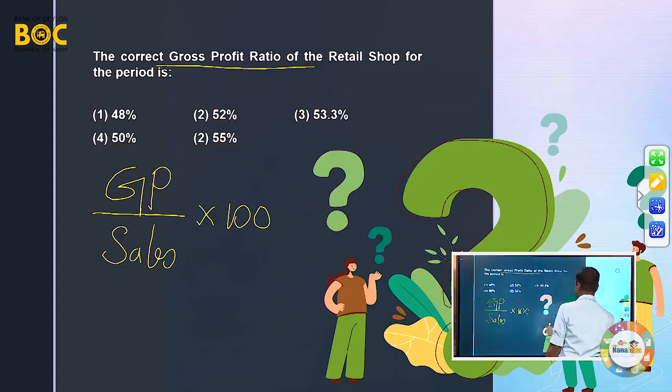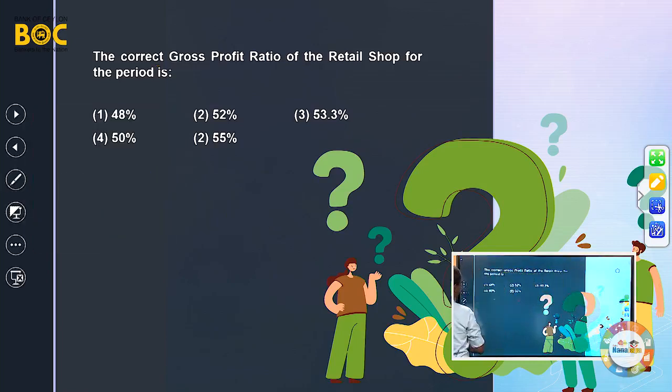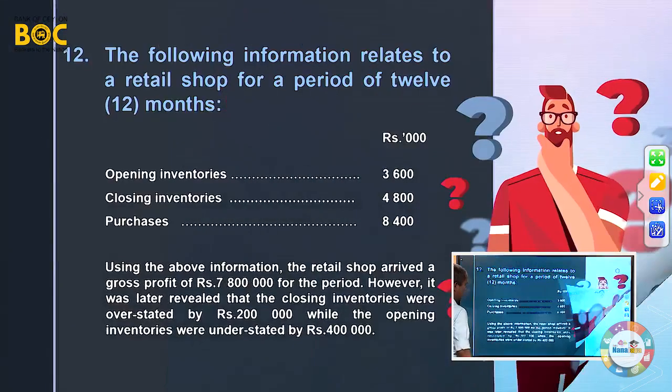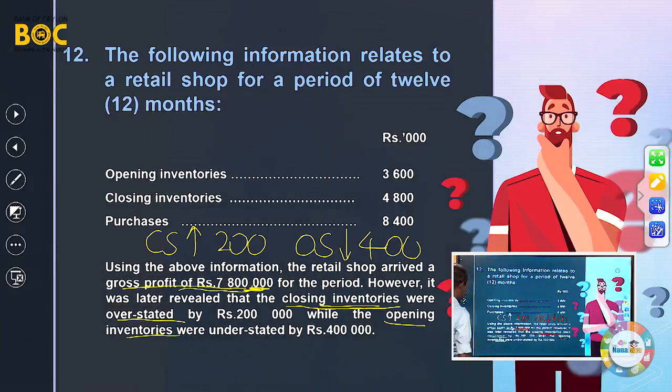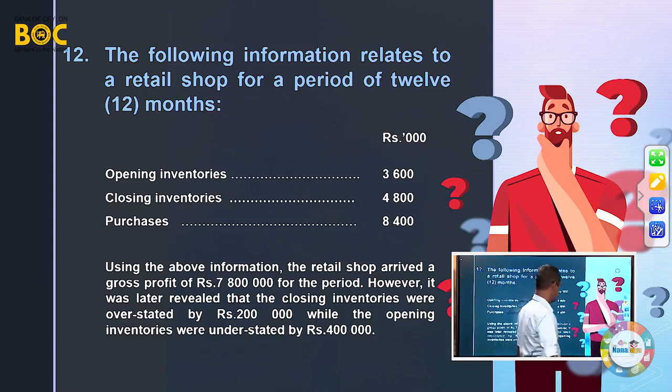If you go back to the question, you can identify how they have calculated this. They have calculated this gross profit using this information with the amount given.